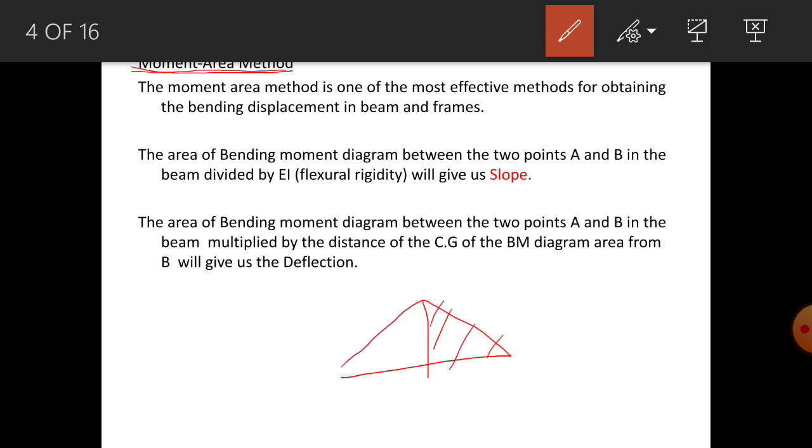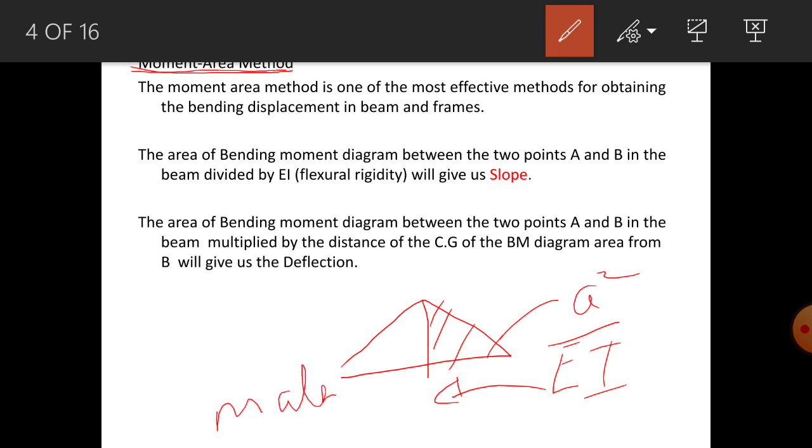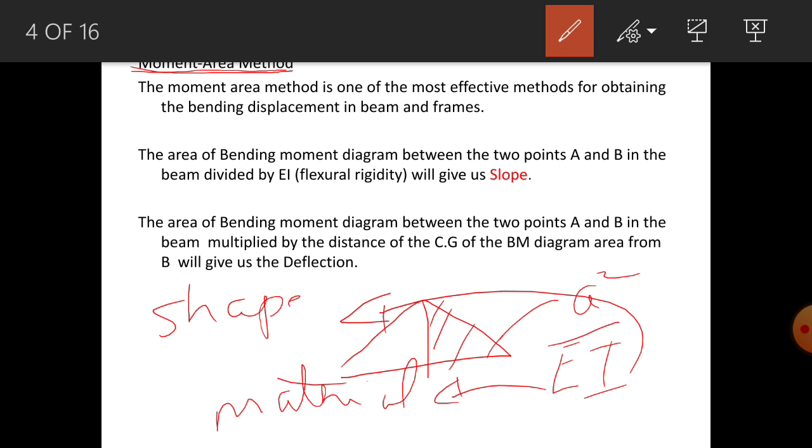Then divide it by the flexural rigidity, that is EI. This E depends upon the material, and this I depends upon the shape, right?